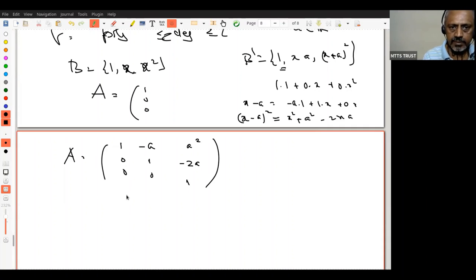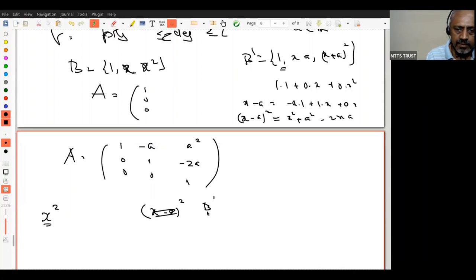Okay, right. So a good idea maybe for you to check it. Okay, what do I want? I want to get x squared in terms of the basis B dash.